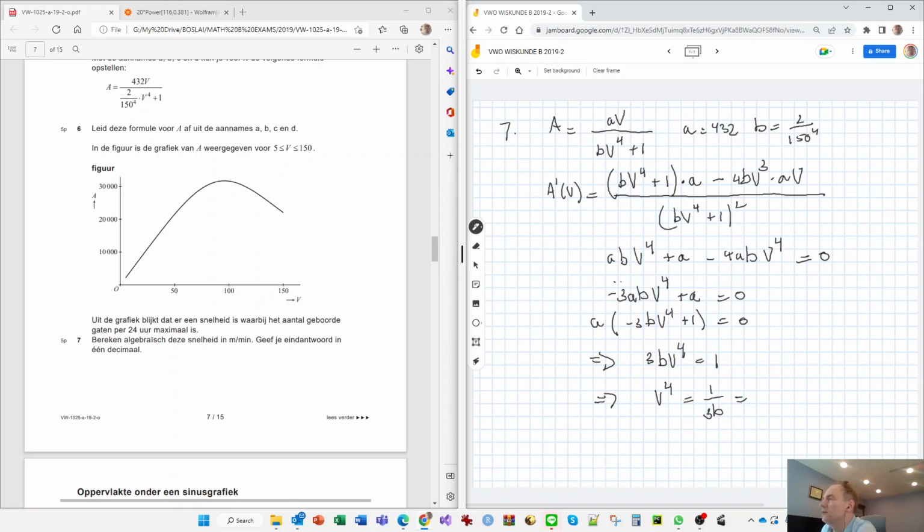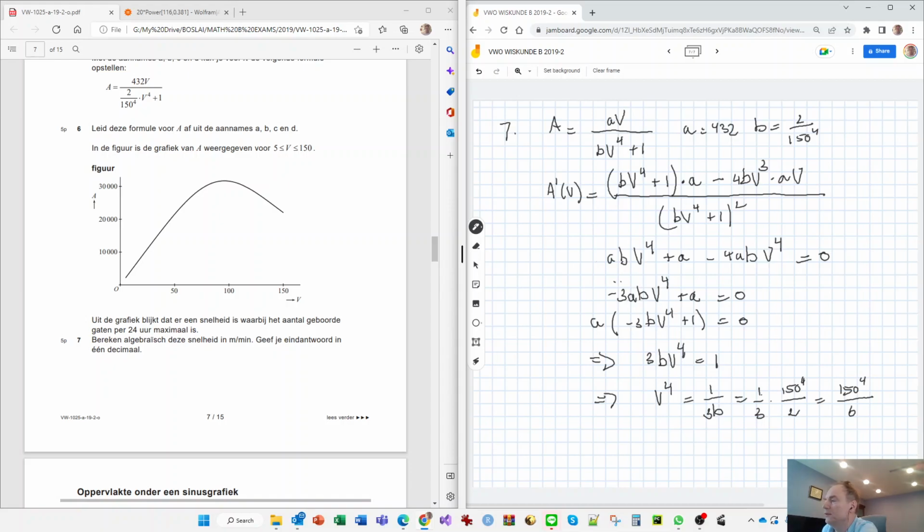Alright, so this is basically 1/3 times 150 to the power 4 divided by 2. Is 150 to the power 4 divided by 6. Okay.